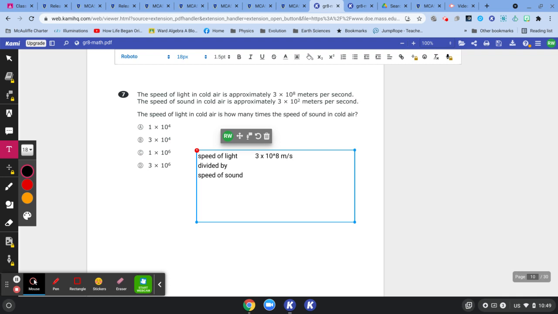It is useful to, of course, do units. And that's going to be divided by, I'm just going to put a line here, the speed of sound. The speed of sound is going to be 3 times 10 to the 2nd meters per second.